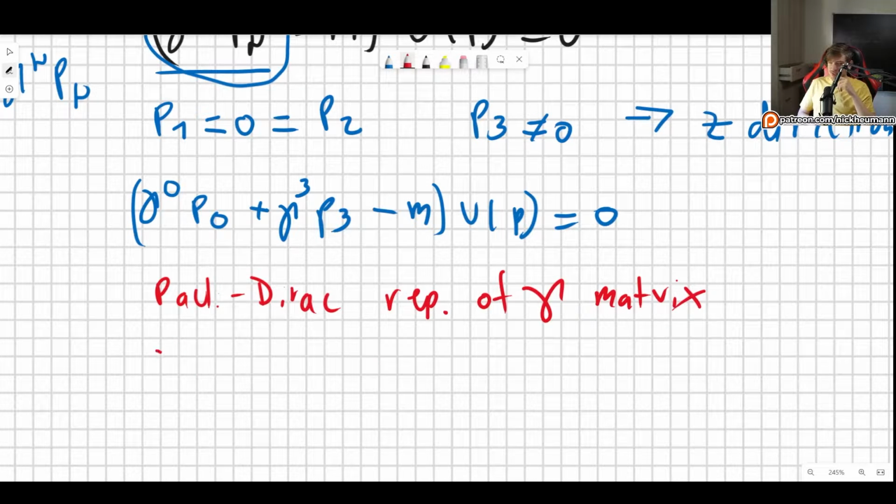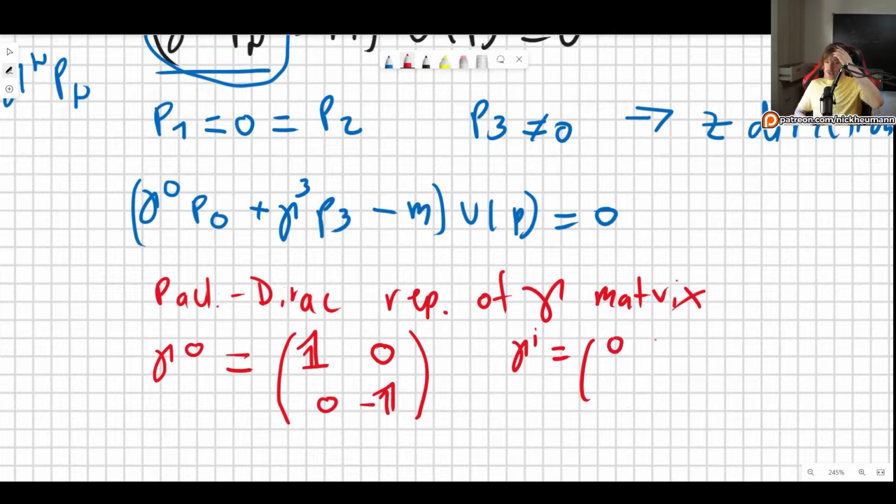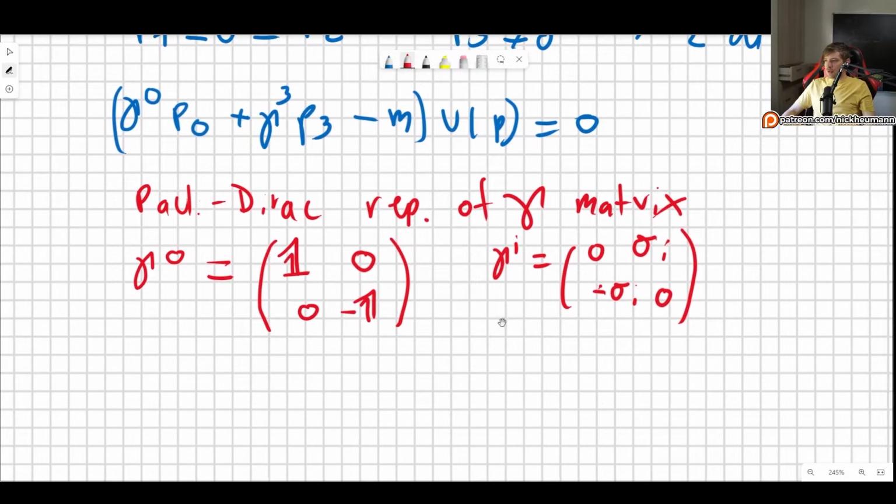In this representation, we have that γ^0 is going to be the unit matrix, 0, 0, minus the unit matrix, and each one of the γ^i's is simply 0, σ^i, minus σ^i, 0, with σ here of course being the Pauli matrices. So this means that γ^3 would simply be 0, σ^3, minus σ^3, 0.